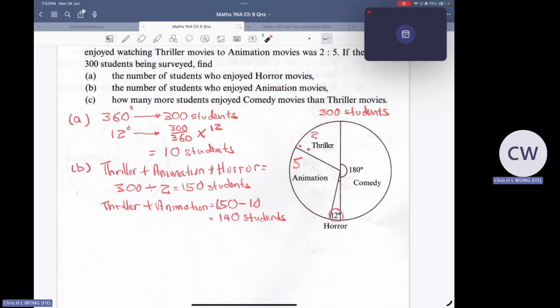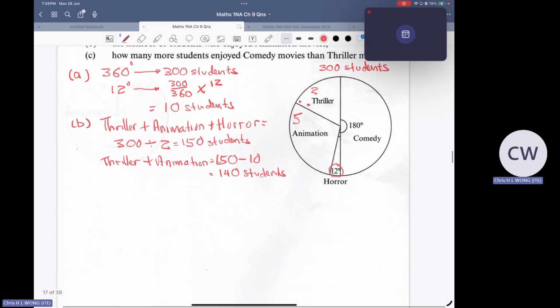Now we shall use the ratio method to solve how many students are animation. If I draw the number of parts for you, this is 2 parts, and then this is 5 parts, animation 5 parts. 1, 2, 3, 4, 5.